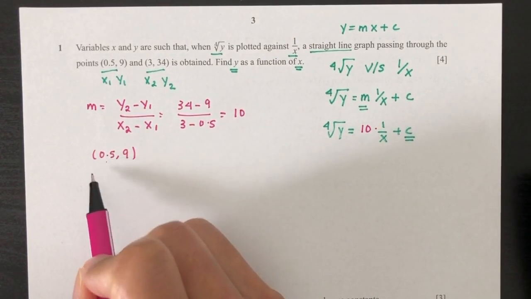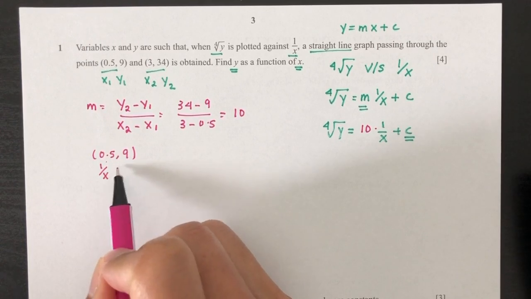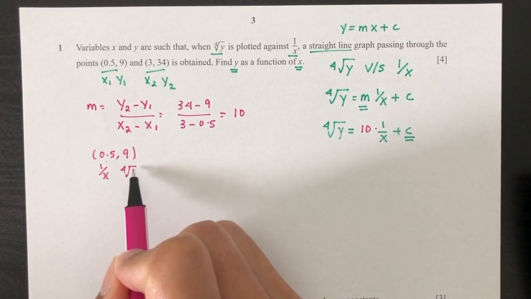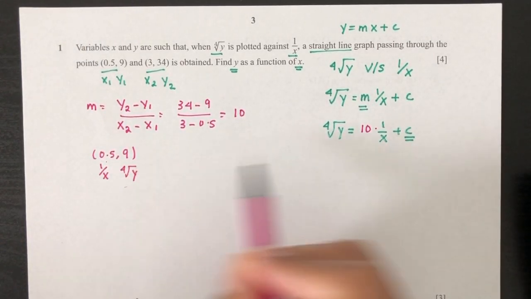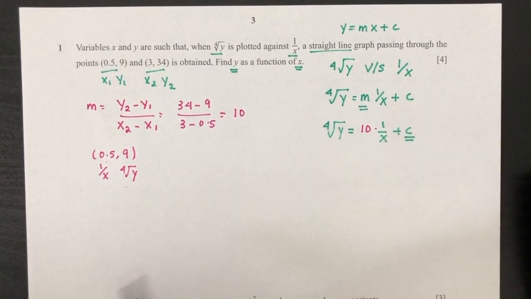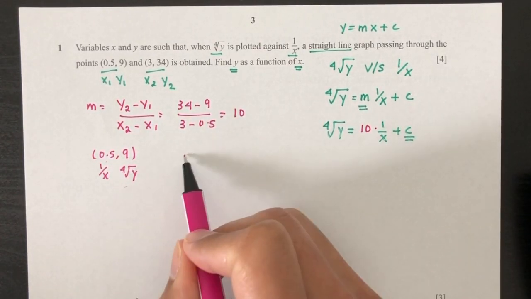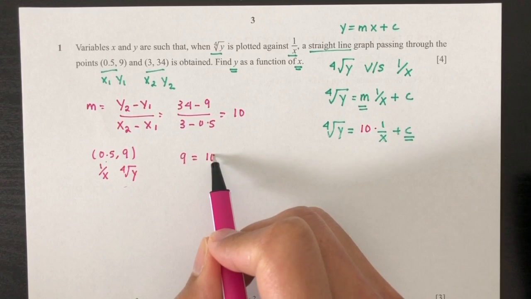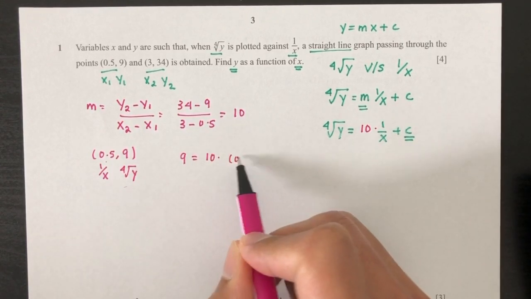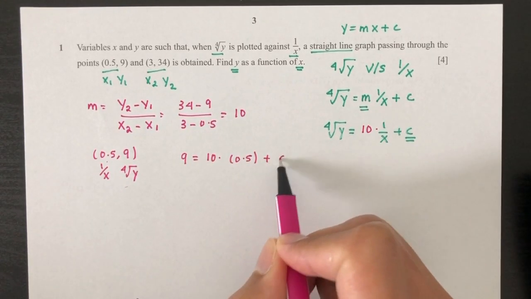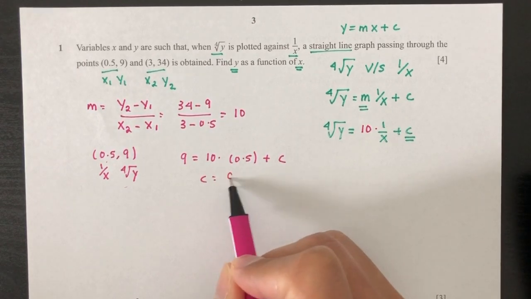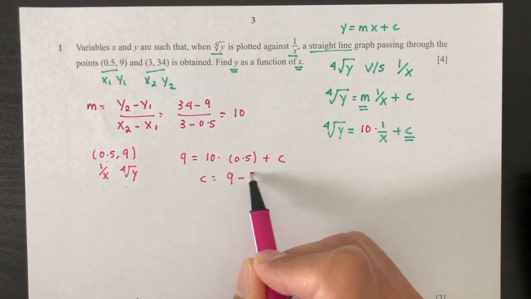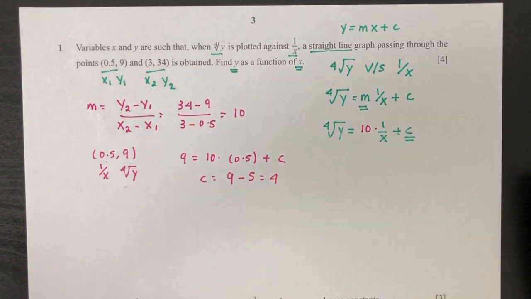The first value will be 1 over x, and this one will be y. So we place these 2 values back in the equation to find c. This will be 9 equals 10 times 1 over x, which is 0.5, plus c. So c will be 9 minus 10 times 0.5, which is 5, equal to 4.